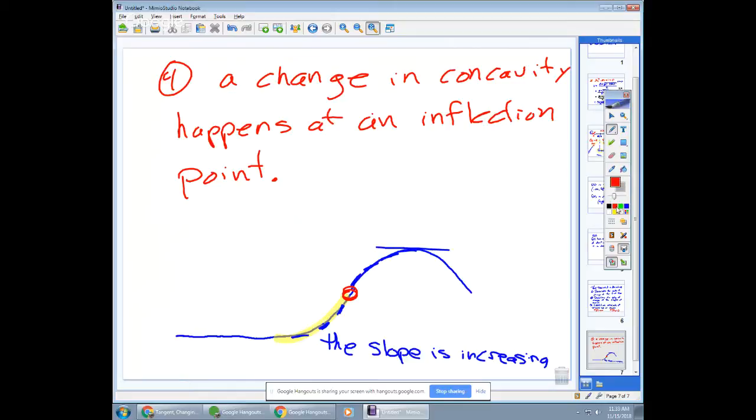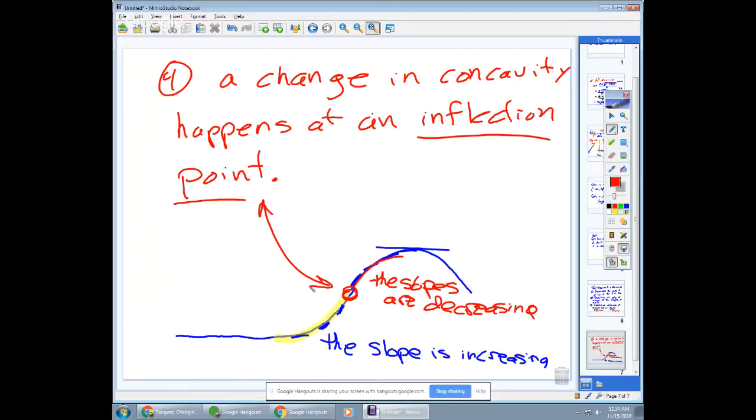So in this area up here, the slopes are decreasing. And that magic point where it shifts from an increasing slope to a decreasing slope, that's that inflection point.